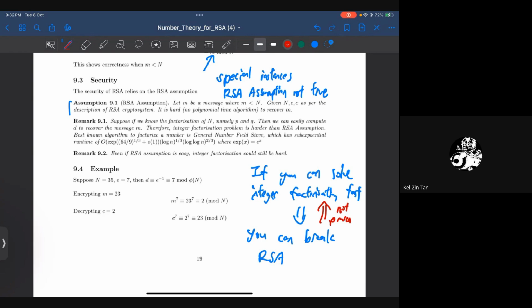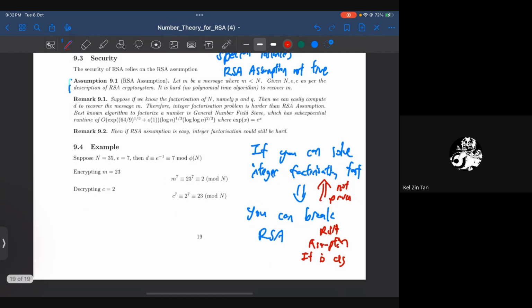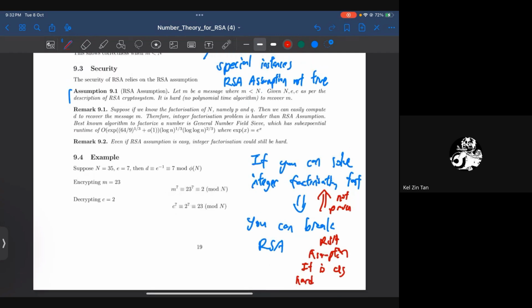And the RSA assumption says that it is as hard as integer factorization. So keep in mind that all of these are just assumptions.